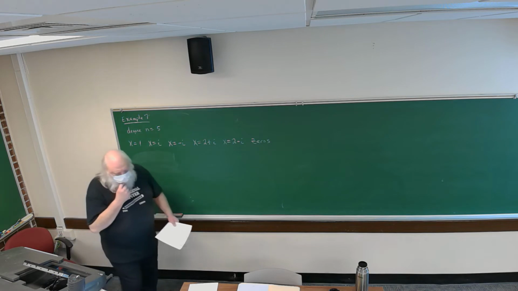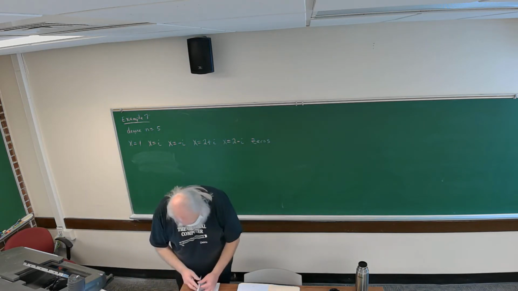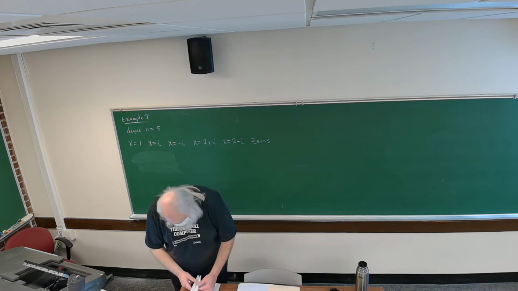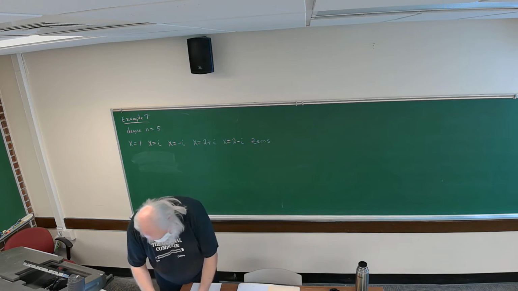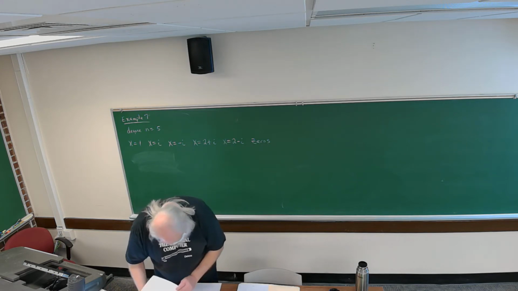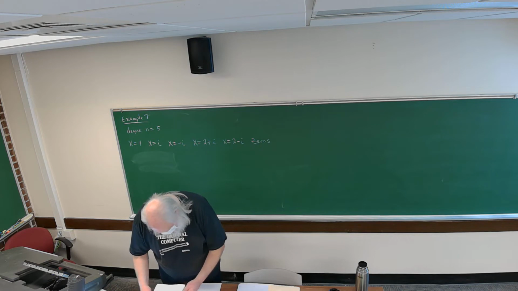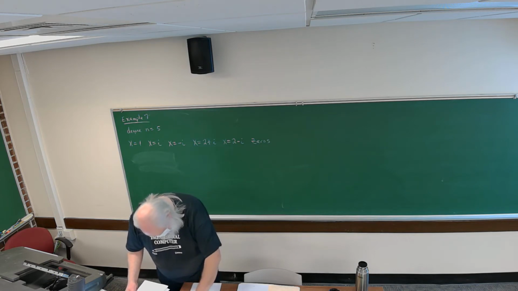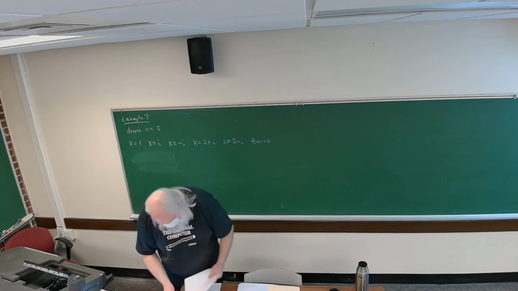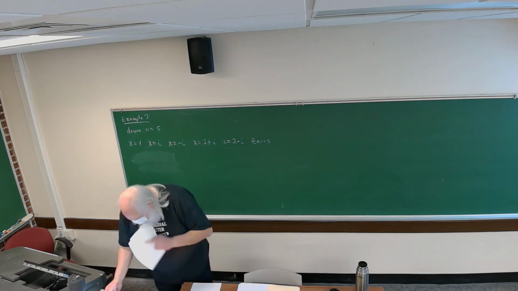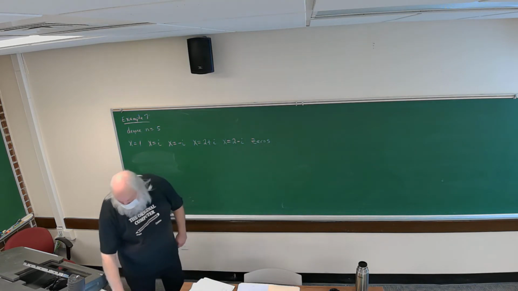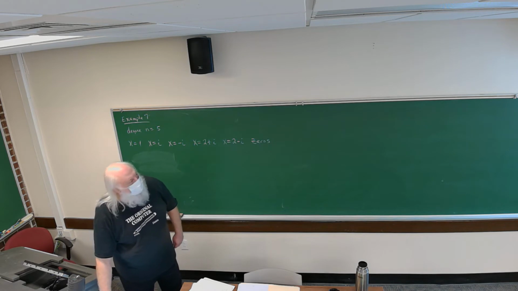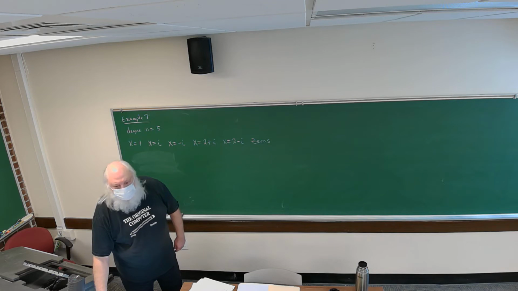And then by the factor theorem, from the top of page 1, it says if x equals c is a zero of a polynomial function, then x minus c is a factor of that polynomial function.